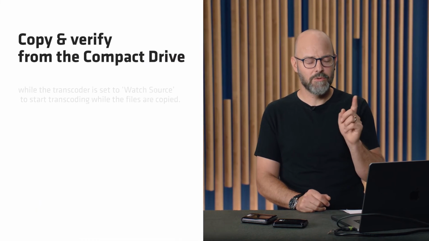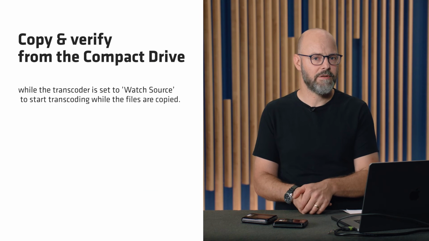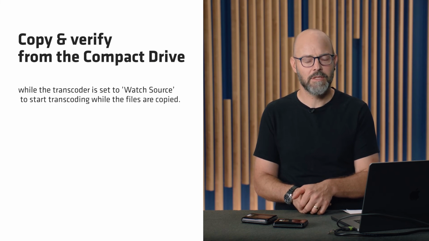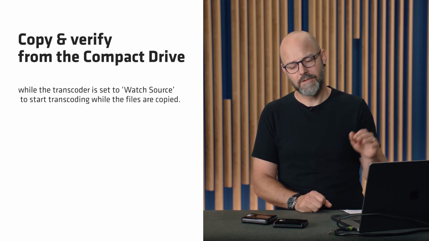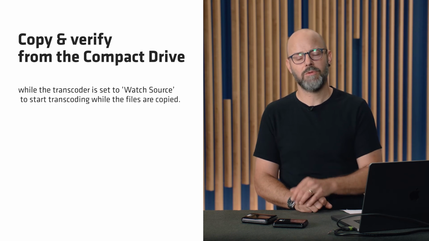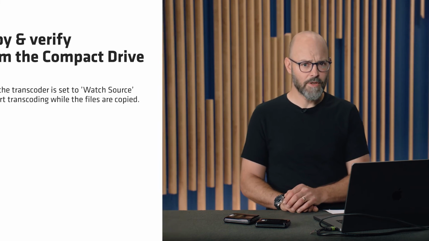To combine the two possibilities, what you can do is create an offload and use the watch folder functionality of ARRI RAW HDE transcoder to start transcoding to HDE as you do the offload. So let me show you how that works.